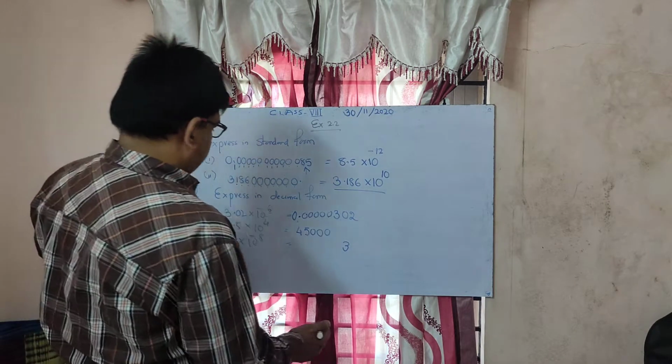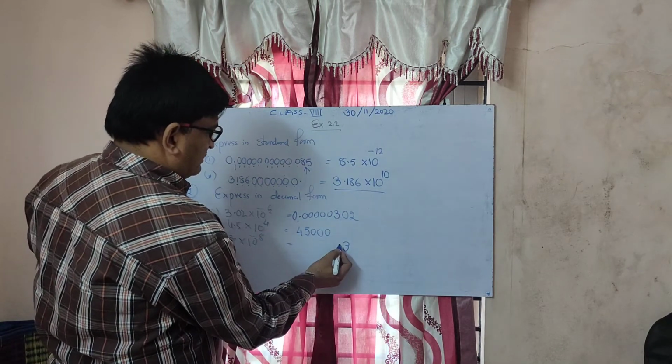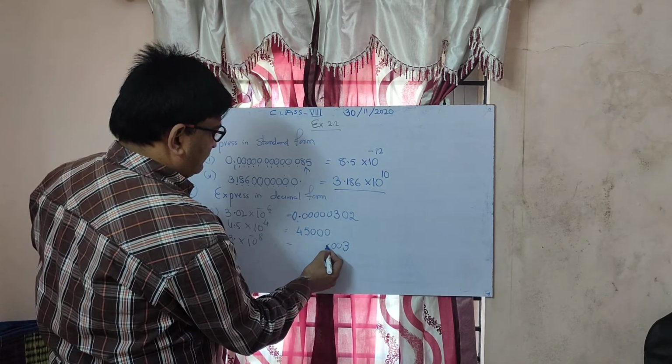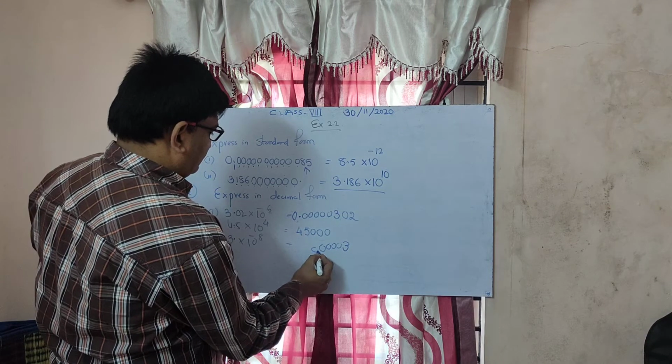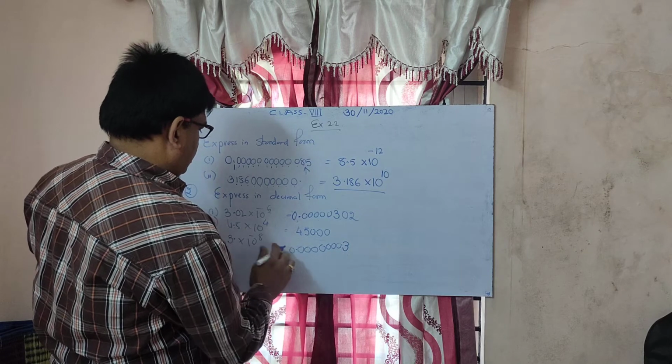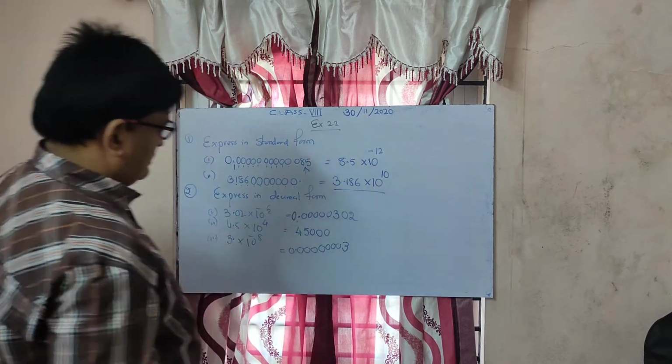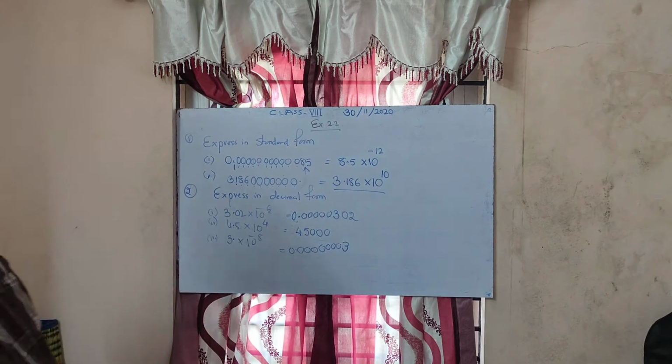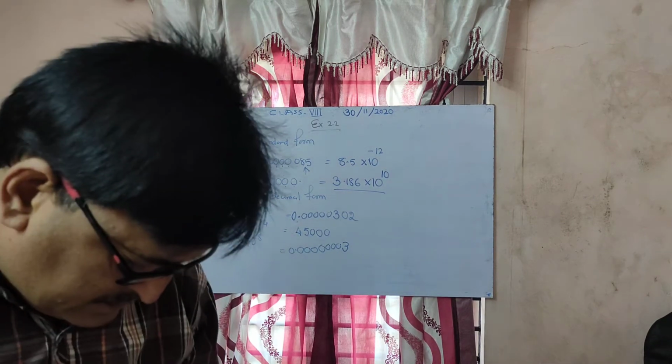Now minus 8: 1, 2, 3, 4, 5, 6, 7, 8, and a point. This is how 3 into 10 to the power minus 8 is written.